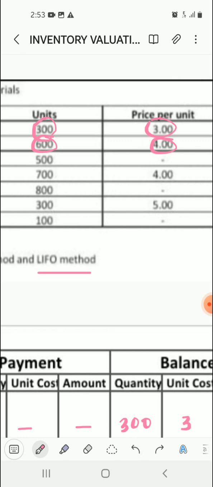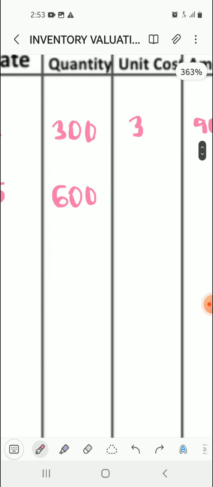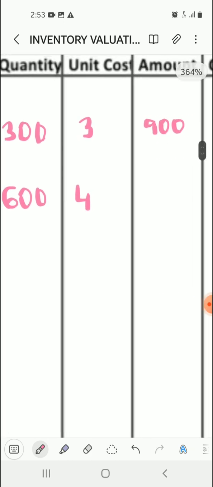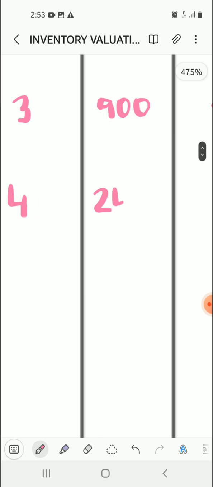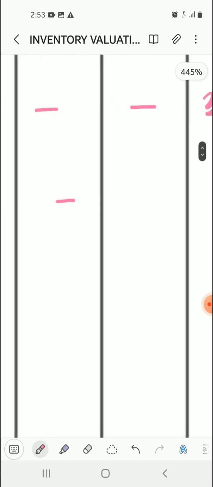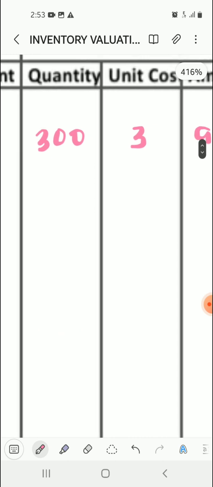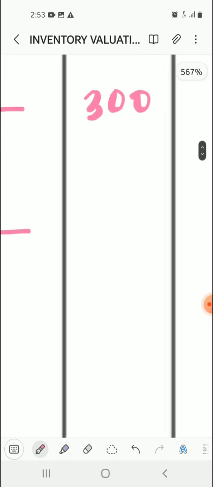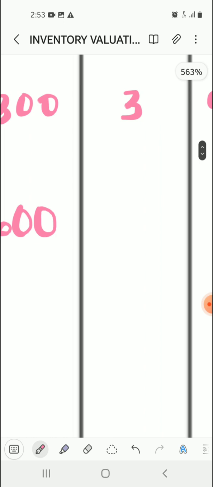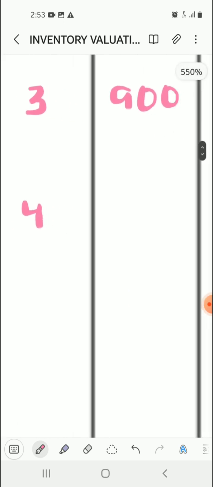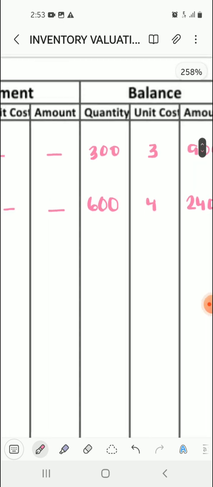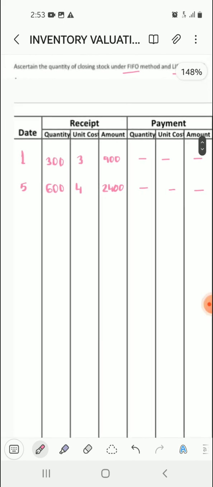So we are going to write 4 here. 600 into 4, the amount will be 2400. Similarly, there were no issues made on this date, so leave it blank. Now we come to the balance. Previously we had 300. Now we have got 600 more. So in the balance, add 600 to it, and the per unit cost was 4. So 600 into 4, 2400 is my balance amount.